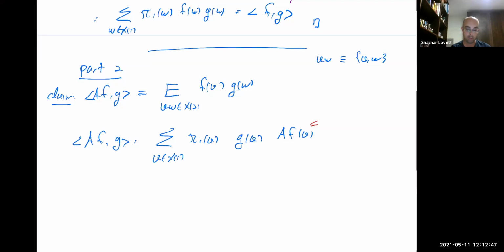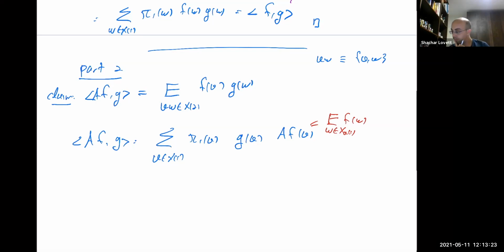So this is the same as the expectation of F of W, where W is in the link of V. So this AF, A of a function, is just this averaging operator. So AF of a node V is the expectation of F over the neighbors of V. And how do we weigh them? Well, exactly by the distribution induced on the link of this node.